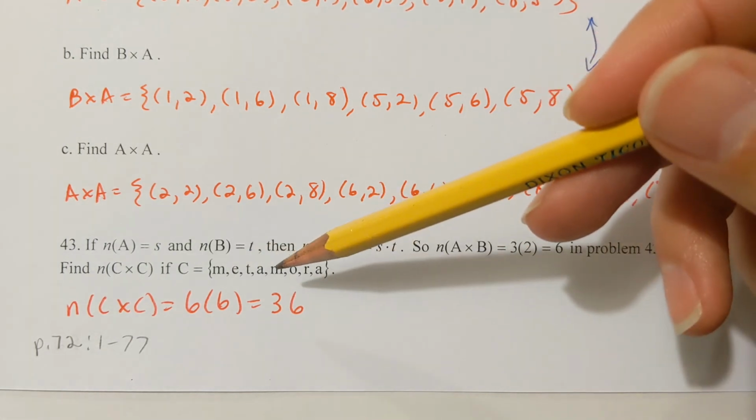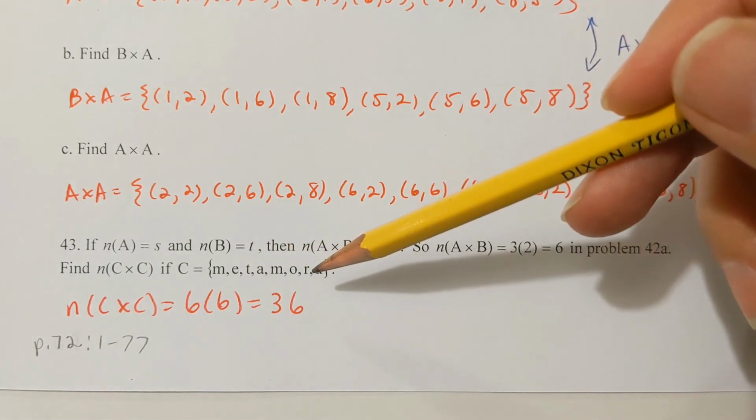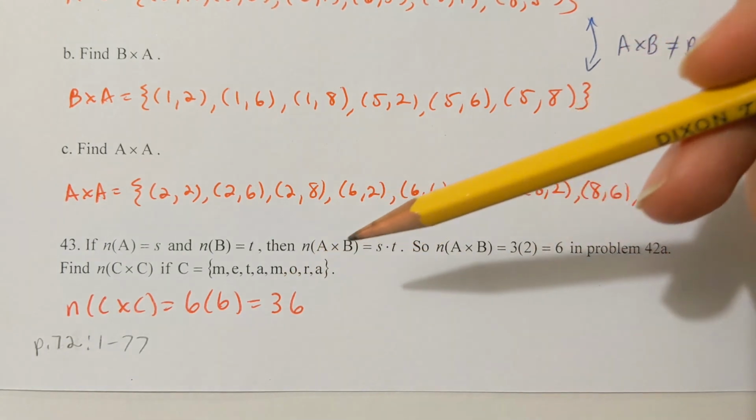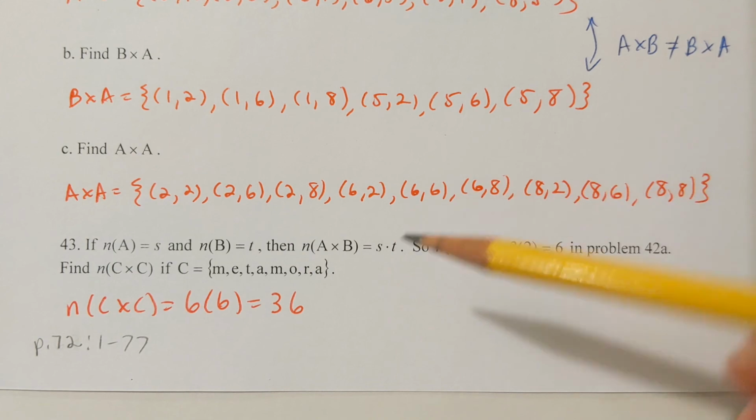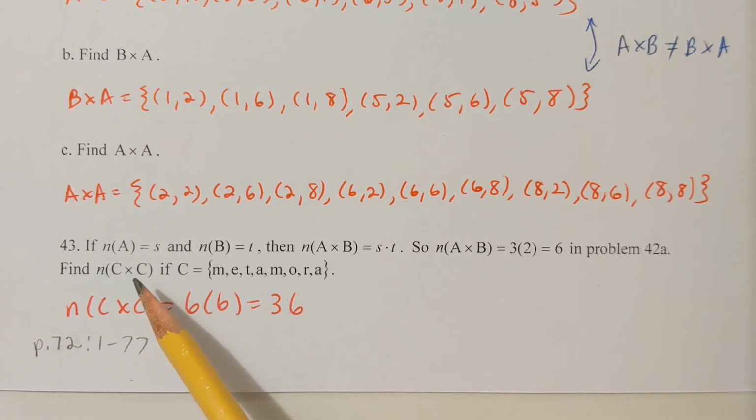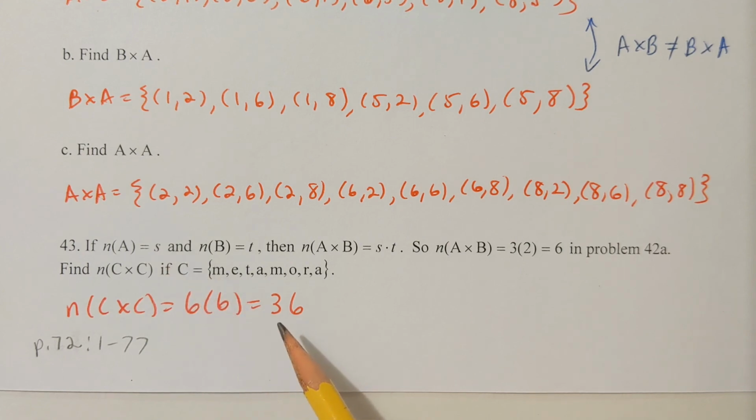Since M is listed twice and A is listed twice, I'm only going to count each as 1. So I've got a set with 6 items here, and 6 times 6 is 36. So if I were to list the ordered pairs that would be in C cross C, there should be 36 ordered pairs.